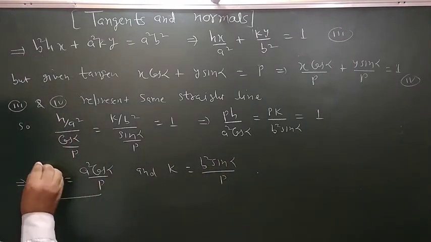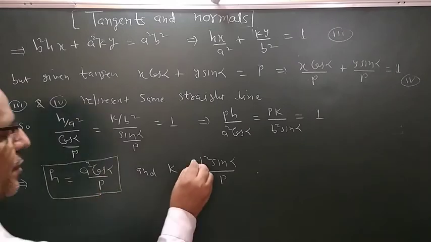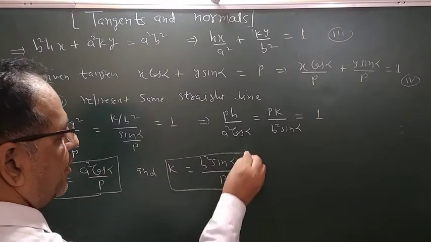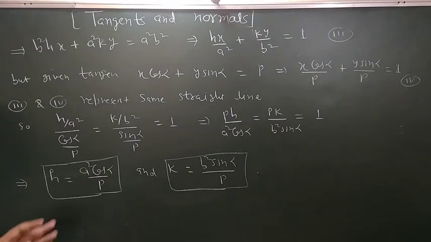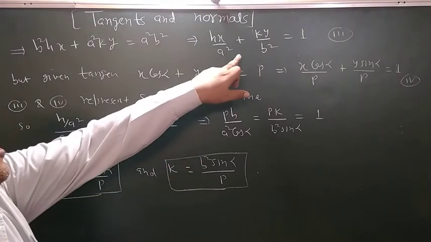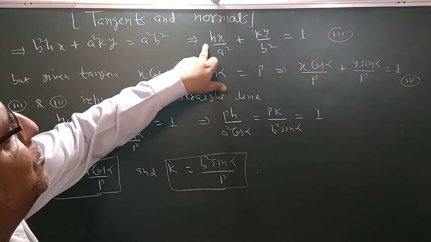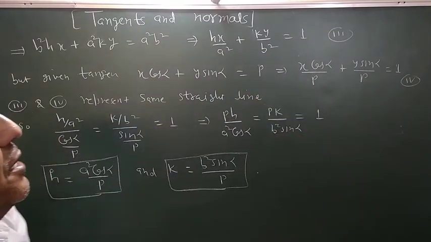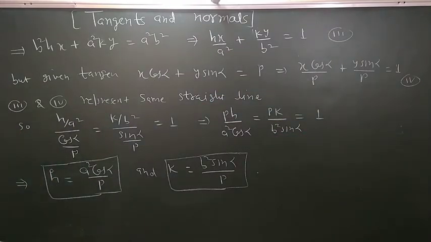These are the values of h and k after comparing the equation of tangent which we found at the point h, k and the equation of tangent given in the question.